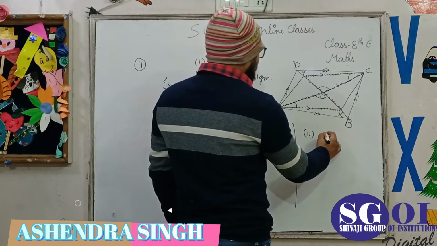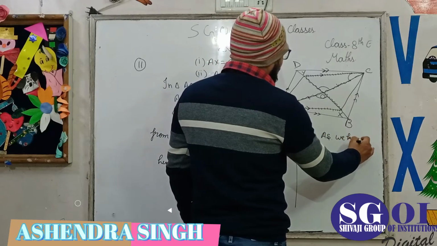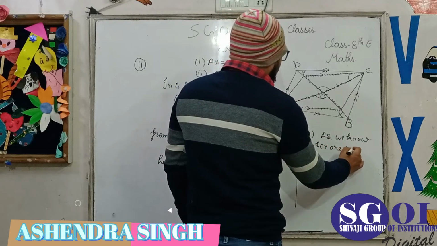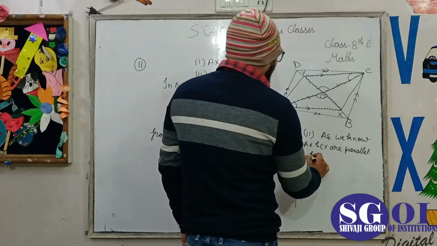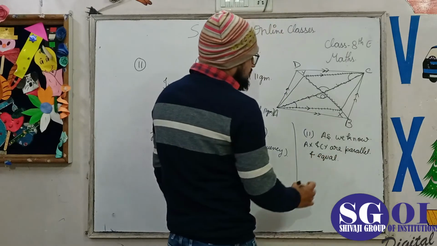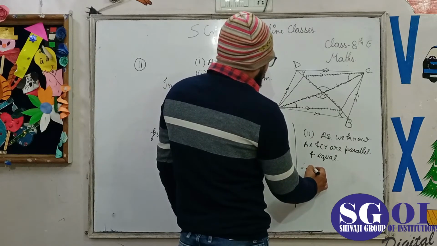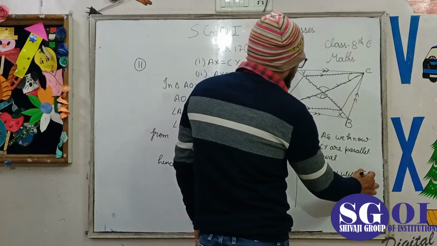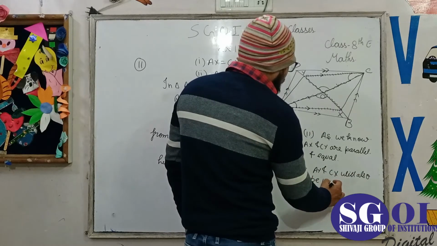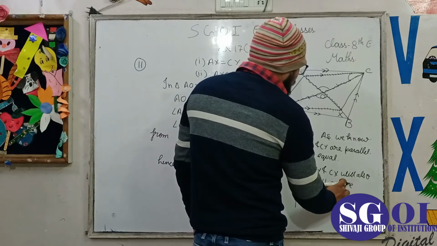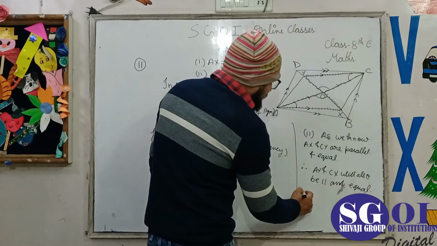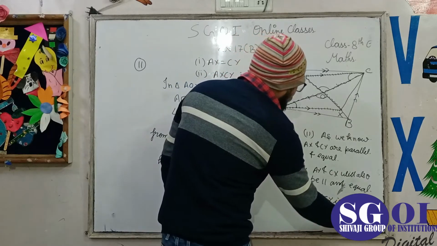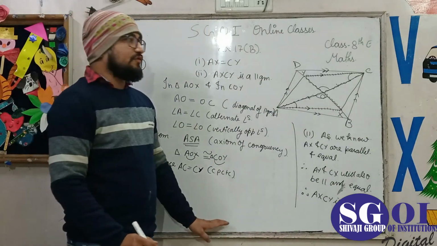So we'll be saying that as we know AX and CY are parallel and equal, therefore AY and CX will also be parallel and equal. Therefore AXCY is a parallelogram.